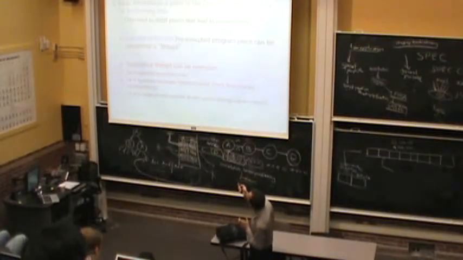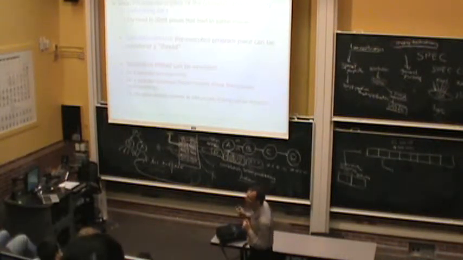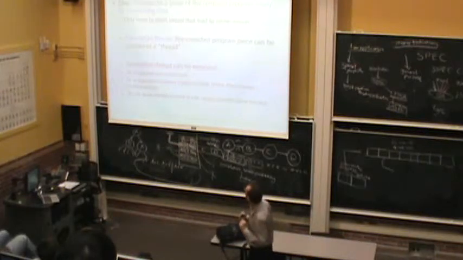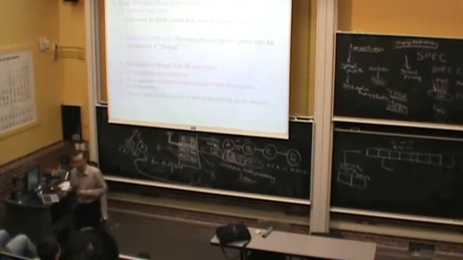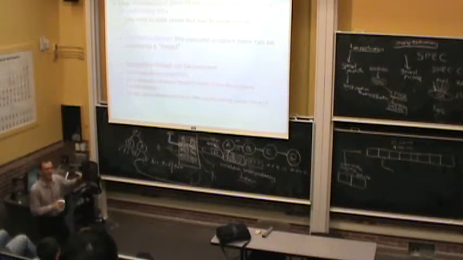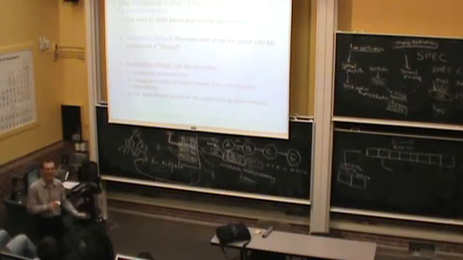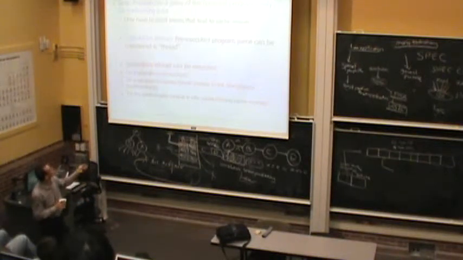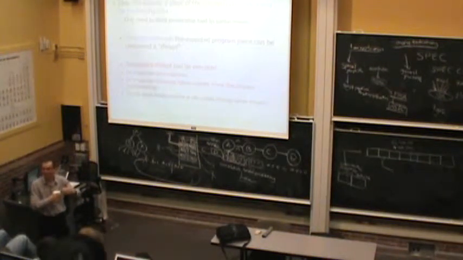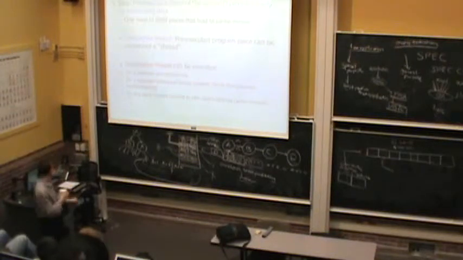Basically, pre-execute a piece of the pruned program, if you will, solely for prefetching data. You really need to execute the piece of the program that actually leads to the cache miss, right? So if you can somehow identify that slice of your program that leads to the address computation correctly, then that could be a much smaller program. So you could make this prefetch program very small, if you will.